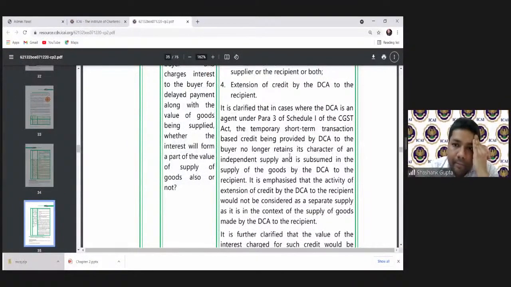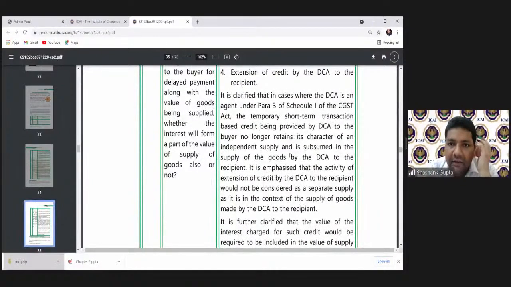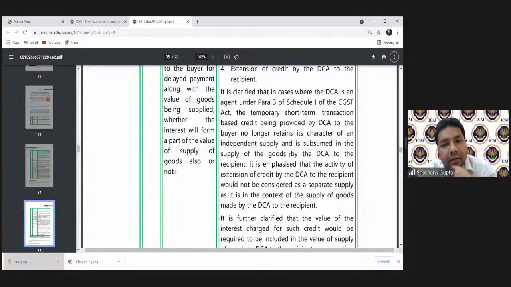Now, it is already clarified that where the del credere agent is an agent under para 3 of Schedule 1, the temporary short-term transaction-based credit being provided by DCA to the buyer no longer retains its character of an independent supply and is subsumed in the supply of goods by the DCA to the recipient.